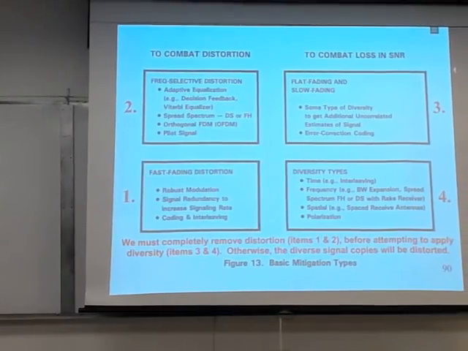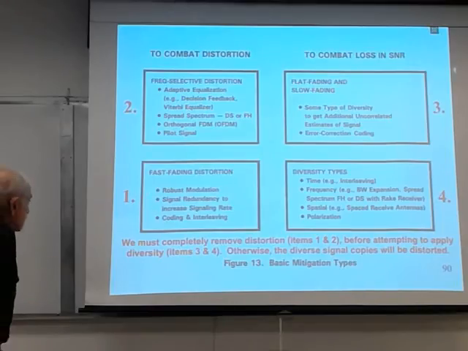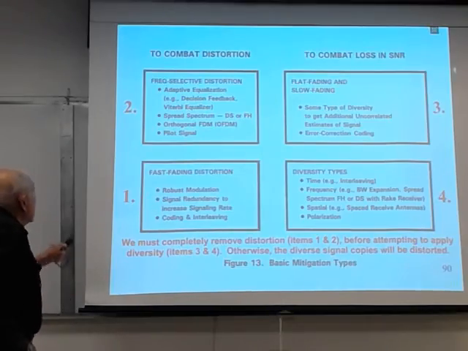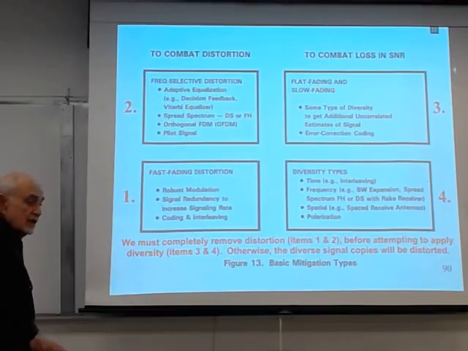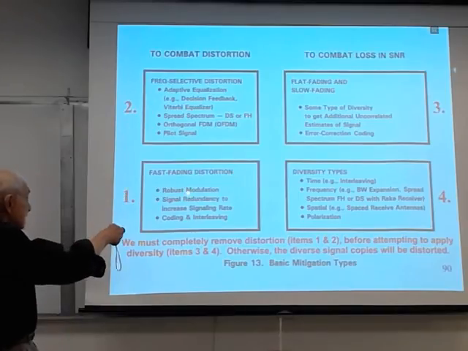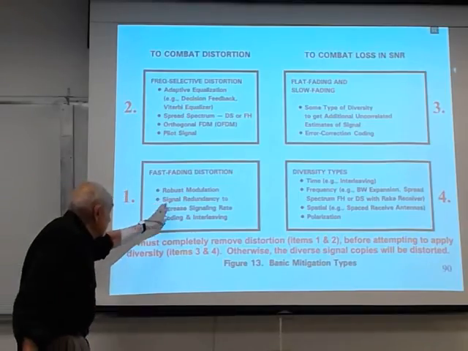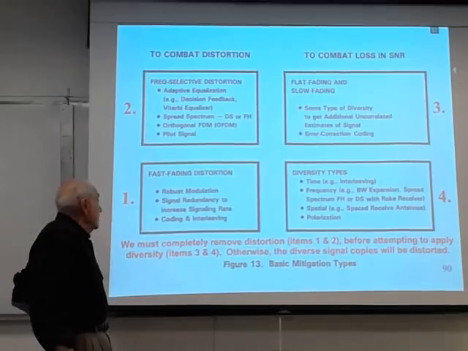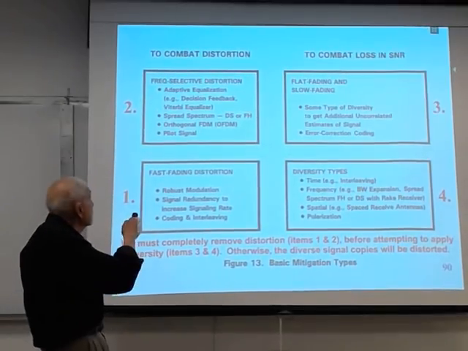And so we'll go 1, 2, 3, 4, and to combat, first of all, we'll start with the right-hand side of the wish list. If we are in a fast-fading situation, it calls for robust modulation, signal redundancy to increase signaling rate, coding and interleaving. And if we've taken care of the fast-fading problem, we might have caused frequency selective fading just by introducing all this redundancy, might make the speed of the signaling faster than the coherence bandwidth.